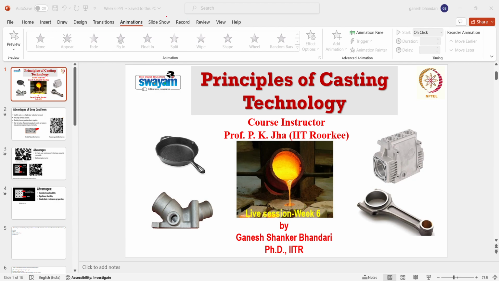In nodular, when we are going to make the nodular cast iron, we have to minimize the sulfur content in the cast iron as low as possible, because we have talked about the formation of iron sulfide. If sulfur content is more, it is going to create iron sulfide in the system, and that iron sulfide is going to adversely affect the formation of graphite nodule count.